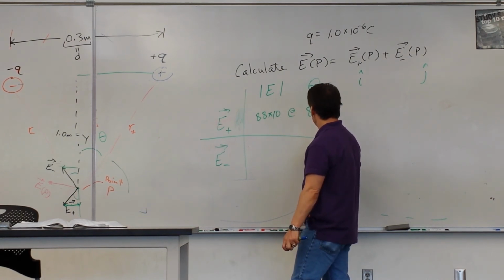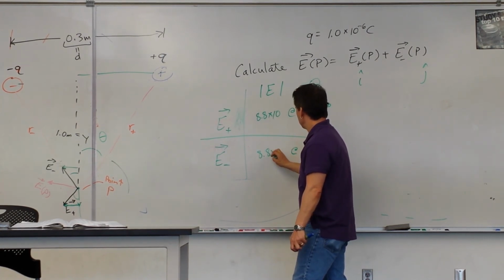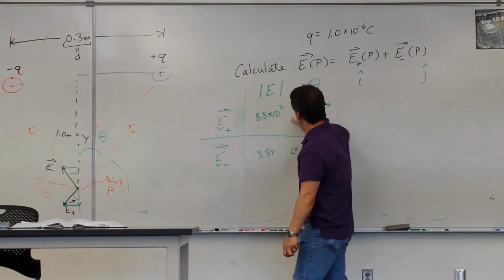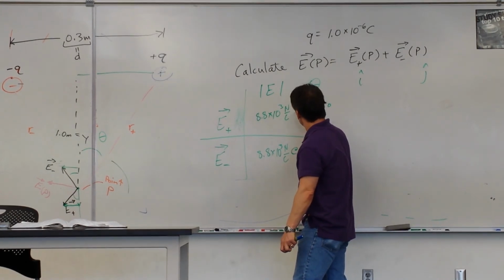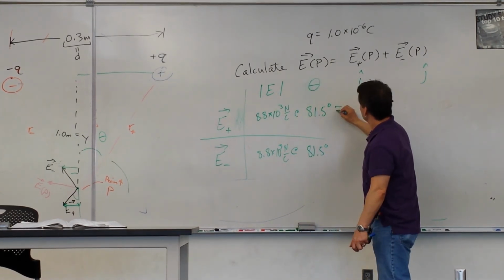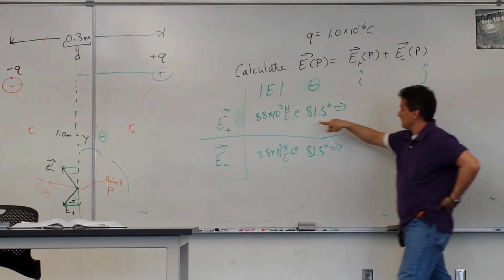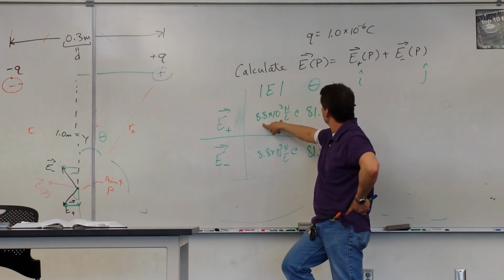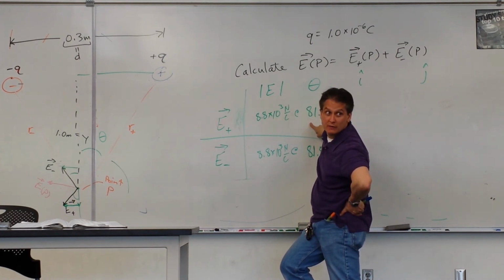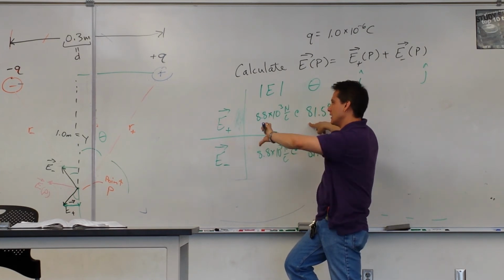I'm just gonna put this angle in here this way, but we're gonna have to convert these into x and y components. Is it 80.5 or 81.5? 81.5 is the complementary angle to the one you're using. Oh, I got you.